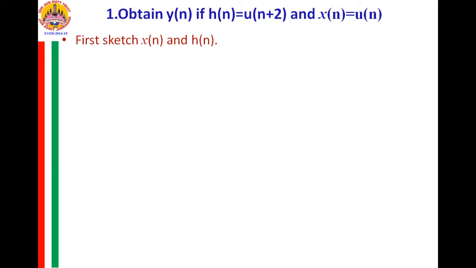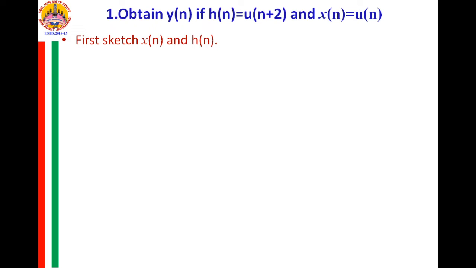Let us consider first the first example, where h of n is equal to u of n plus 2 and x of n is equal to u of n. You have already studied how to sketch these unit step functions, that is u of n, and its shifted version, u of n plus 2.